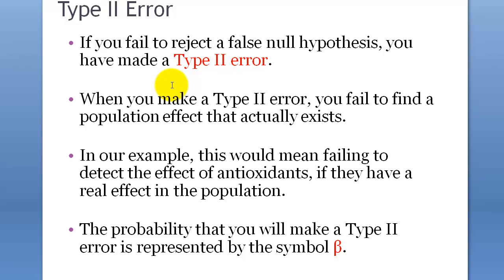You say you failed to reject the null hypothesis when you could have rejected it. In other words, the null hypothesis is that there's no effect, and we failed to reject it. So we concluded that there's no effect.